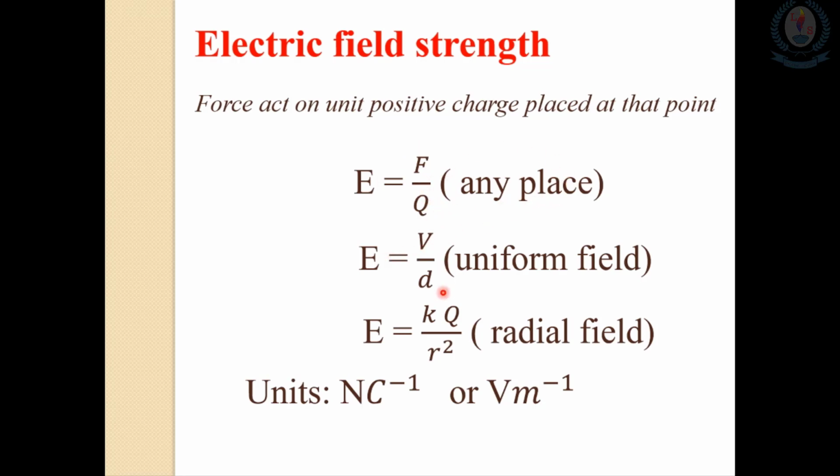E = V over d can be used only in uniform electric fields. E = kQ over r squared can be used only in radial fields. According to the situation, we have to select the correct relationship and apply it. That is very, very important to keep in mind.